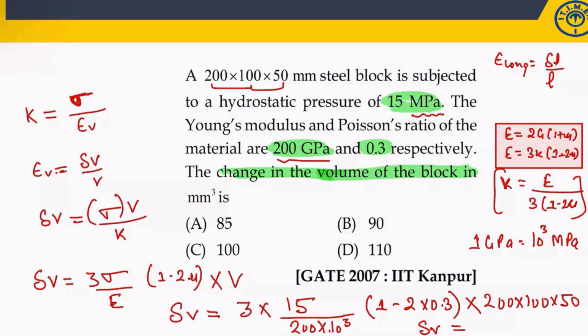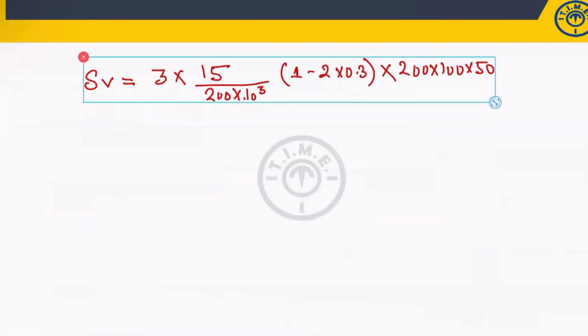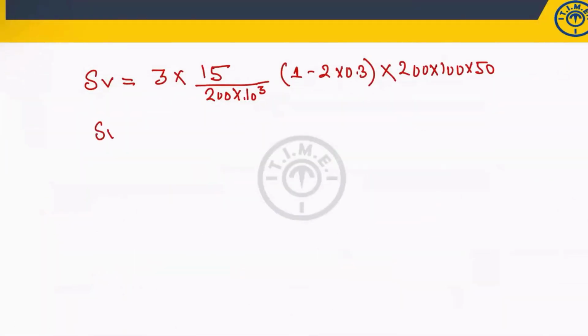Just multiply this value. If I simplify, let's take this one here. Change in volume is nothing but 1 minus 2 into 0.3, 0.3 is 0.6, so 0.4. So 3 into 0.4 is 1.2. So 1.2 into 15 divided by 200 into 10 to the power of 3.